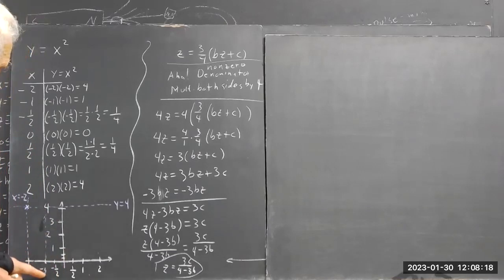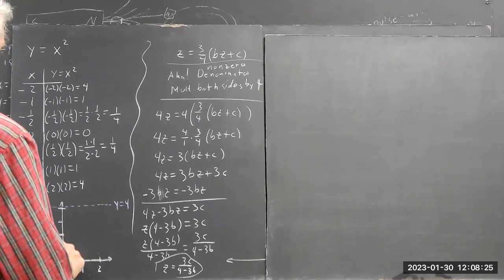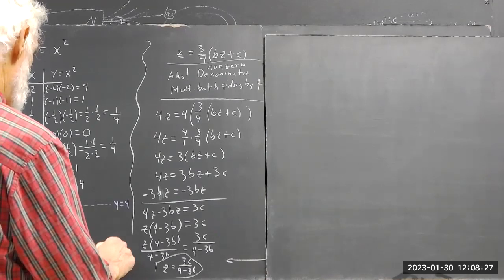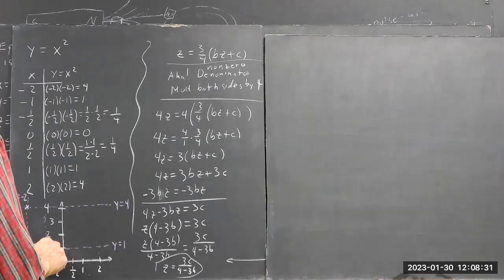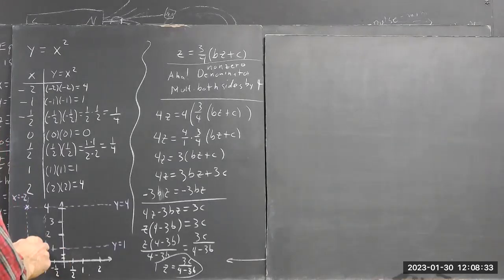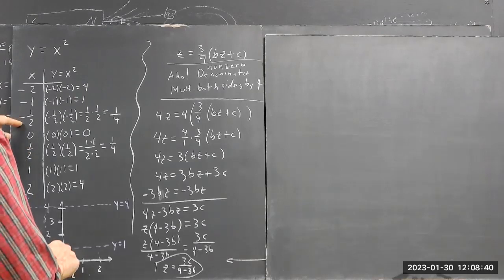So we've got x equals -1 here along this line, and y equals 1 along this line, and where they meet is my point -1, 1. Then x is -1/2.